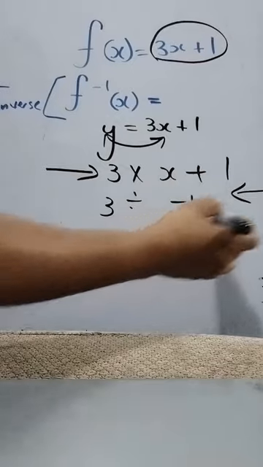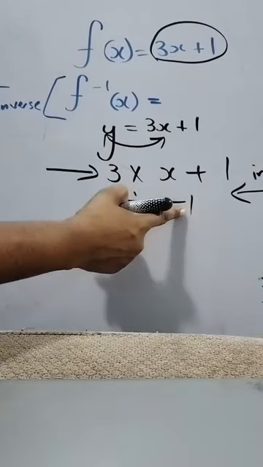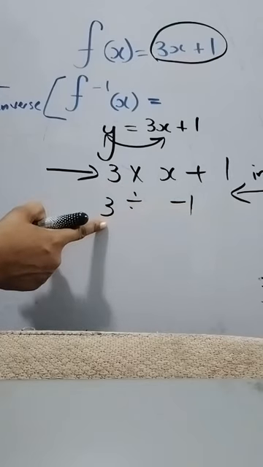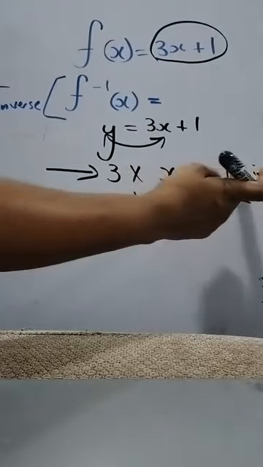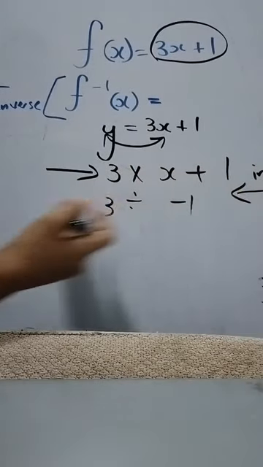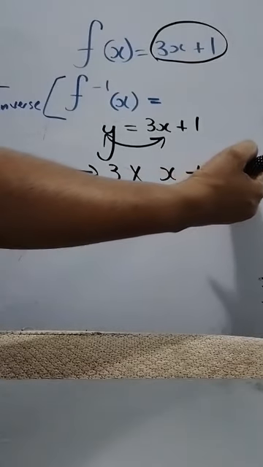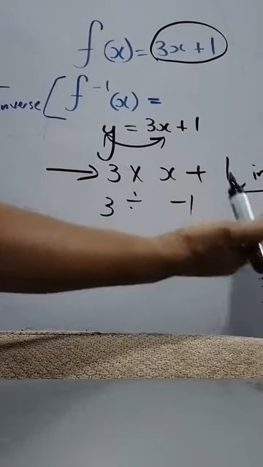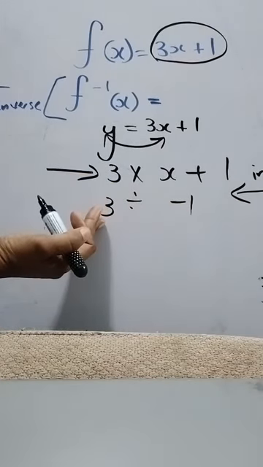But if I'm required to do its inverse, I'd be subtracting 1, then dividing by 3. Notice that when I'm doing the inverse, wherever it ended, that's where I'm going to start to go into the opposite operation. So if I ended at adding 1, I will begin at subtracting 1 and then go to dividing by 3.